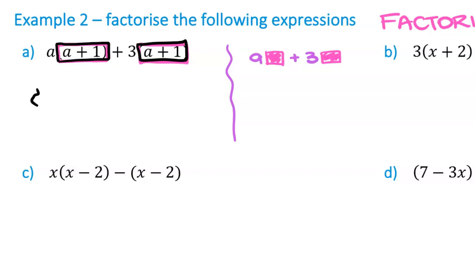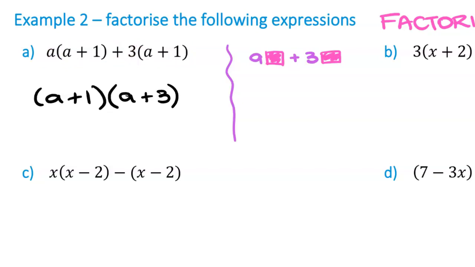So we put that a plus 1 in brackets out the front. And then we said, okay, what remained? We're going to scoop these up and put it into this bracket here. So what remained was a plus 3. This is a little trickier, so I think we're going to need a few more examples for this to make perfect sense.